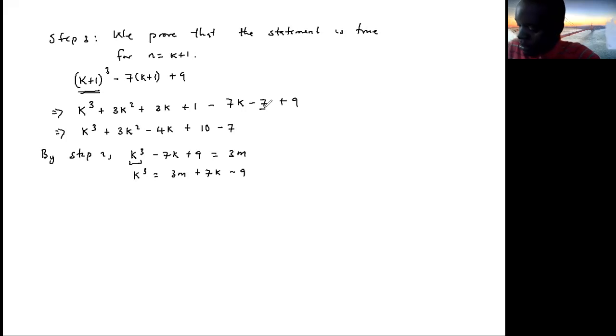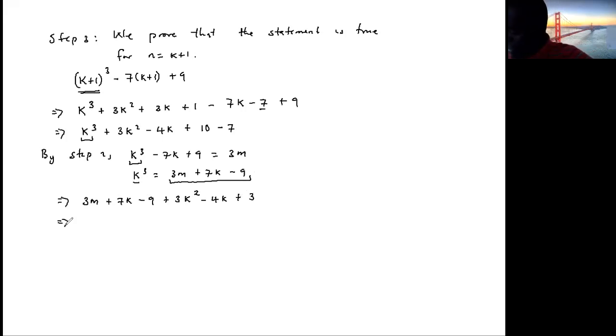Okay, so when we substitute k to the power 3 for this, where there is k to the power 3 there, we are going to have 3m plus 7k minus 9, then 3k squared minus 4k, and that is going to be 3. 10 minus 7 is 3. Okay, so what we have here now is 3m plus 3k squared, 7k minus 4k, we get plus 3k, and plus 3 there.